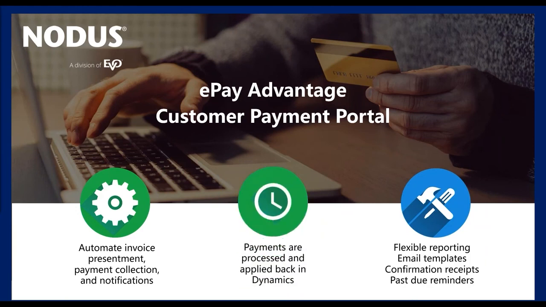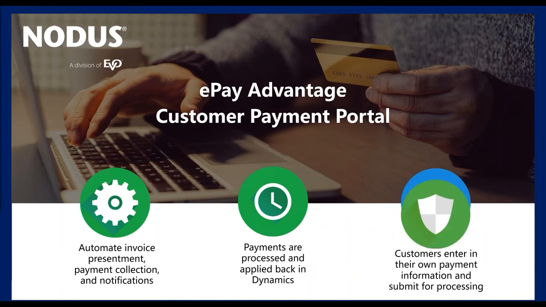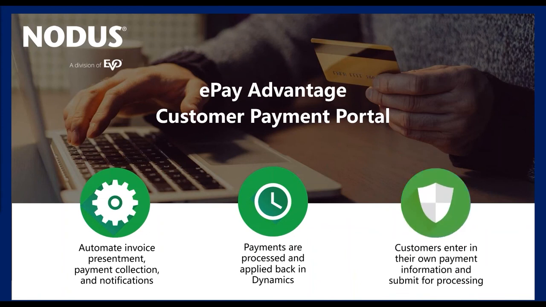Double entry, because the approved payments are automatically sent back to Dynamics, and it's applied to the corresponding invoices. AR has no double entry. And also payment security, because customers are now in control of entering in their own payment information. Your accounting team never has to be in contact with the credit card information.